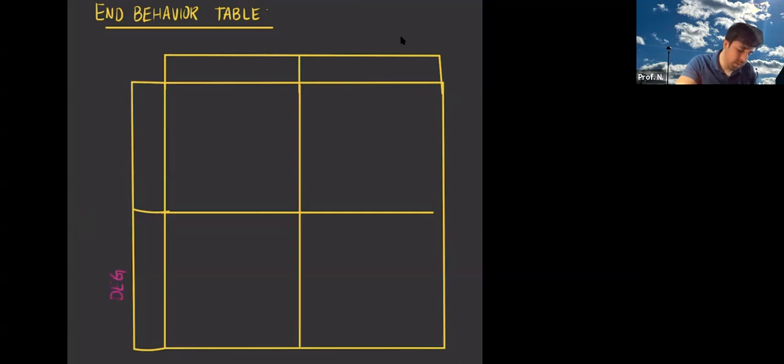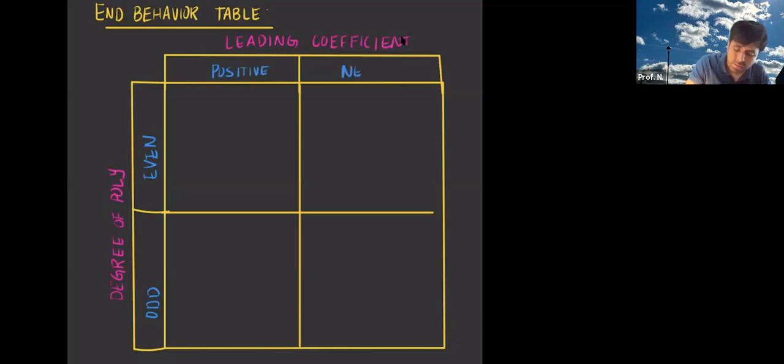So this is the degree of the polynomial, and this will be the leading coefficient. So if I have an even versus an odd, so this is odd, this is even, and this is positive or negative.